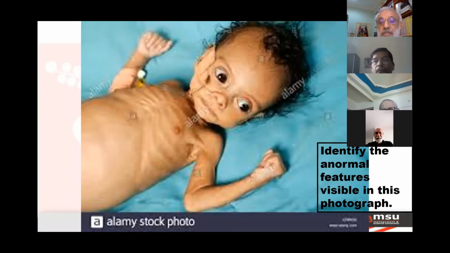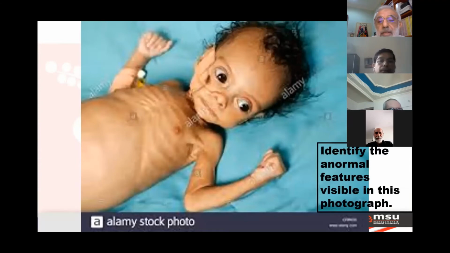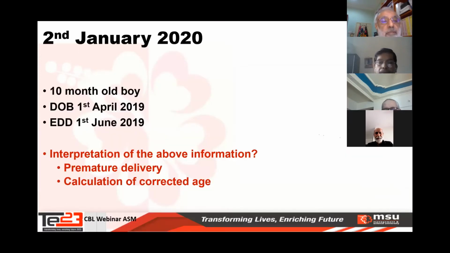So with all these findings, you can ask what is the most likely situation, and some students might come up with the diagnosis of marasmus or failure to thrive.